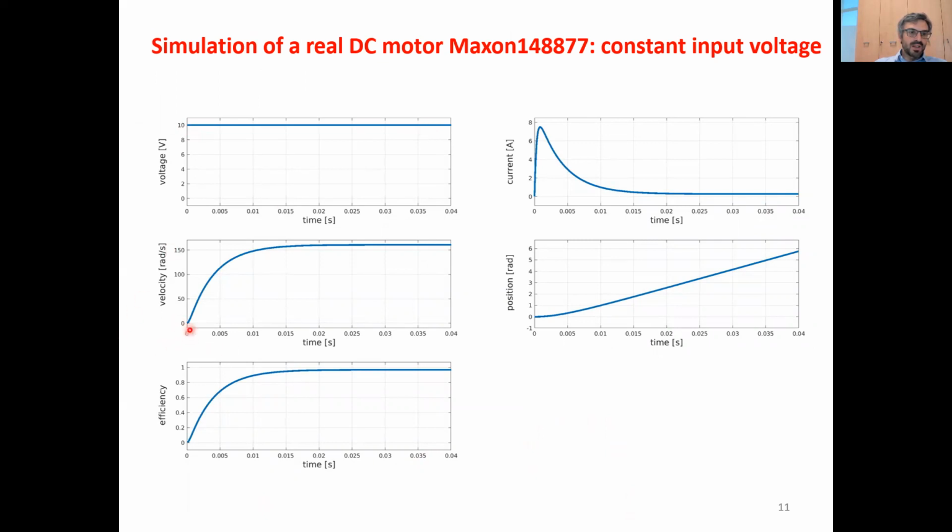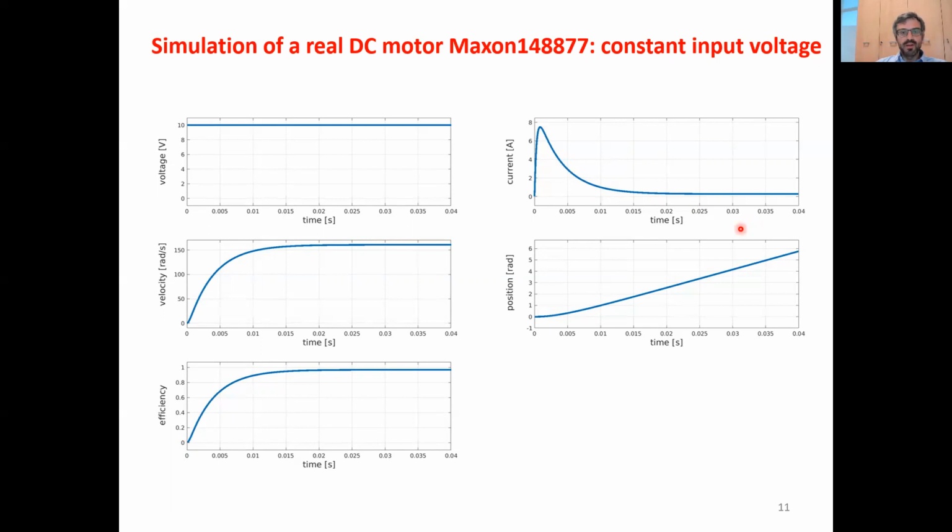We see that velocity goes to a steady state value, while the efficiency is also increasing, because we saw that starting from zero velocity at the stall torque point, the efficiency was zero, and then it was increasing. The current at the beginning is very high because of the stall torque, and then it drops down as the speed increases, because we know the back EMF is increasing.